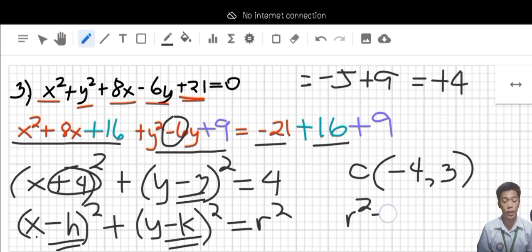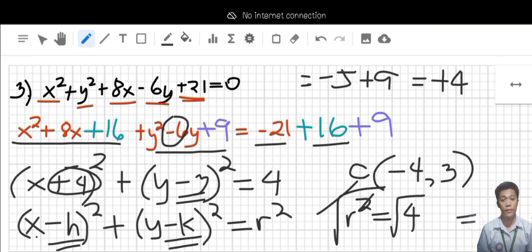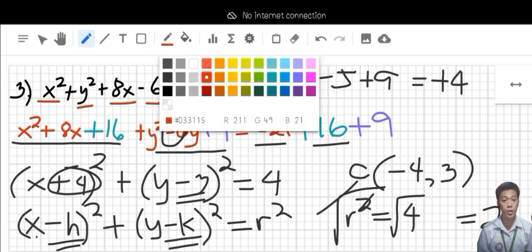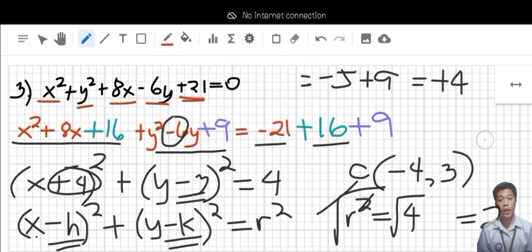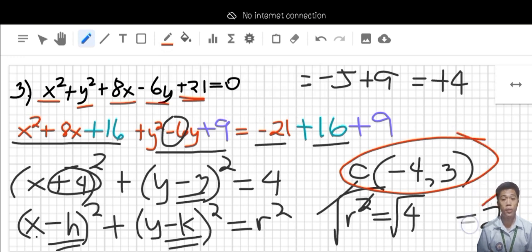For the radius, r squared is equal to 4. So the square root of 4 is 2. Therefore, the radius is 2. The center of the equation of the circle is (-4, 3), while the radius is 2.